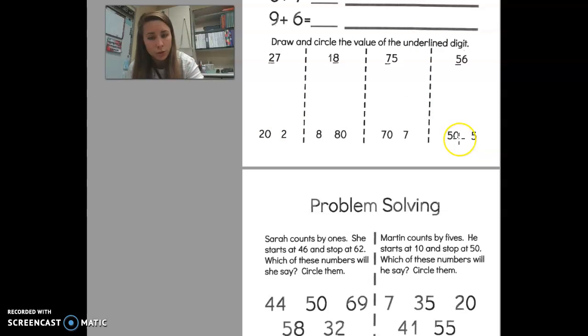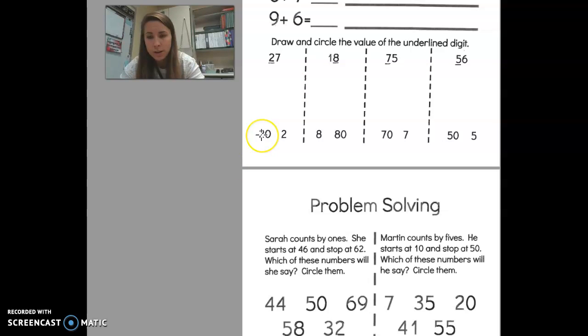Now this one is a little tricky, so you might want to listen to the directions a couple of times so that you do it correctly. You are not drawing the number 27. You're just drawing the value of this 2 in the tens place. So I would first circle, do I think the value of this 2 is 20 or 2? Whichever one I circle, that's the picture I draw.